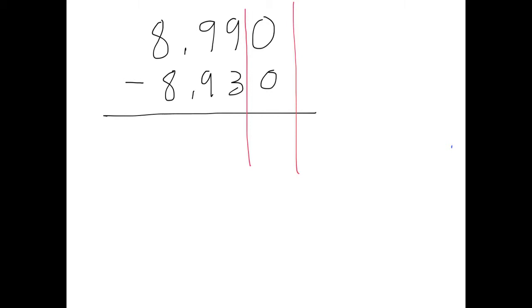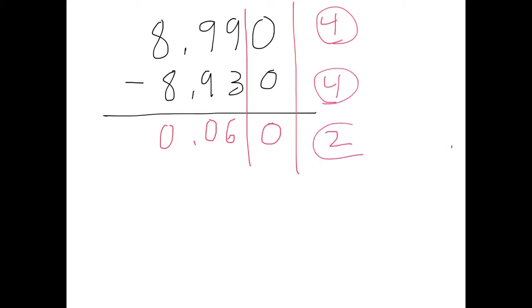So I'm going to subtract. I get a 0 there, I get a 0 there, and I get a 6 there, and a 0 there. Therefore, my answer, even though both numbers had 4 sig figs, right? 4 sig figs there, 4 sig figs there, my answer winds up only having 2 sig figs, right? Only those two numbers are significant.